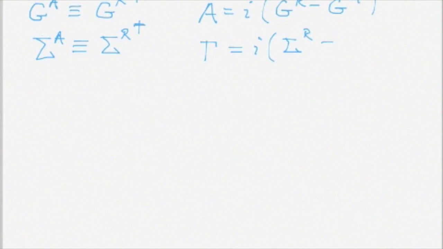And then, just like the spectral function is equal to i times (G^R minus G^A), this gamma, which really has no name, is equal to i times (sigma^R minus sigma^A).